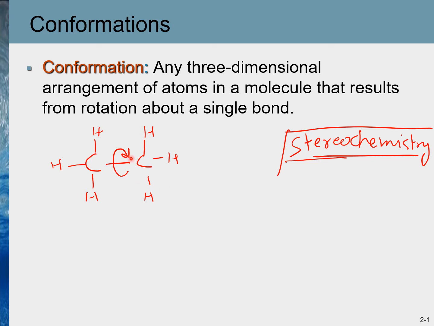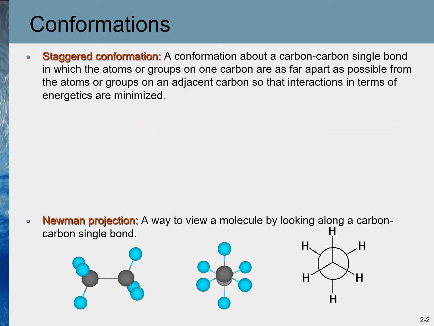So these different arrangements are known as conformations. Hence we can define conformation as any three-dimensional arrangement of atoms in a molecule that results from rotation about a single bond.